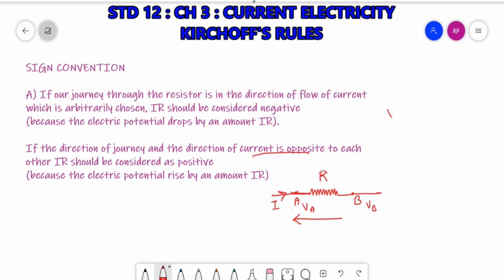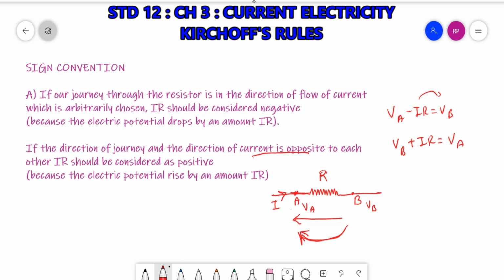We wrote that VA minus IR equals VB. But if I move from B to A, then the equation becomes VB plus IR equals VA. Clear? So when we move in the opposite direction, we need to take IR as positive.